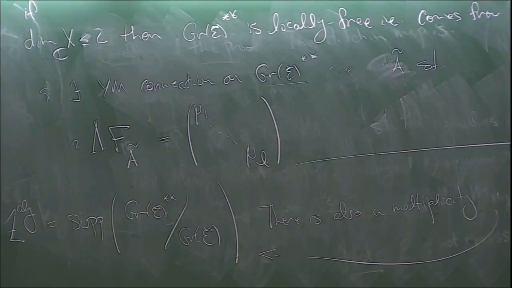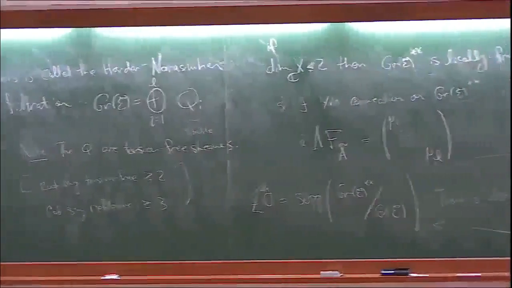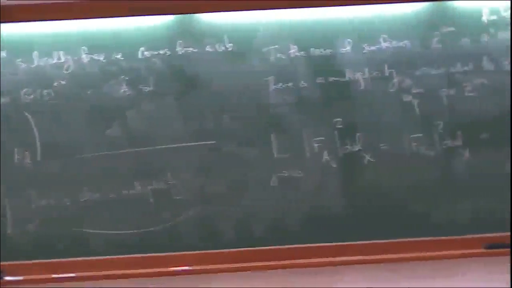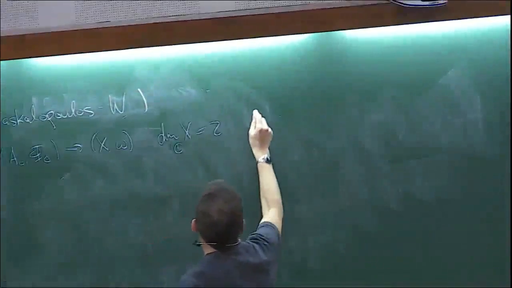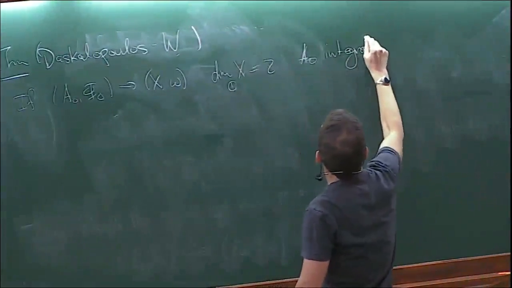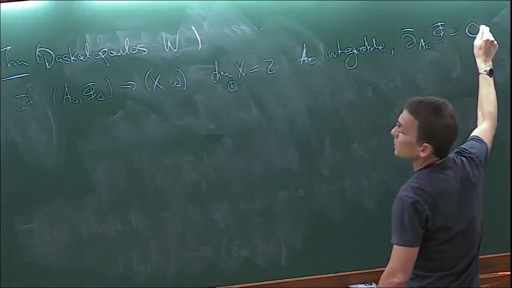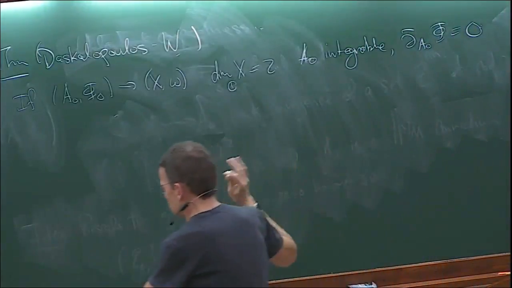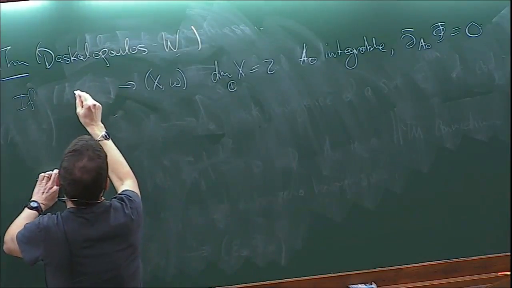If I start with A0, B0 over a compact Kaehler manifold, compact Kaehler surface, where A naught is integrable. So this is coming from a holomorphic bundle, and d bar A naught of phi is 0. So why am I doing the Higgs bundle case? I said I was going to turn off the Higgs field. So let me just do that.